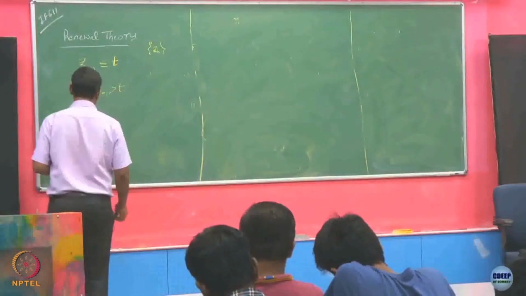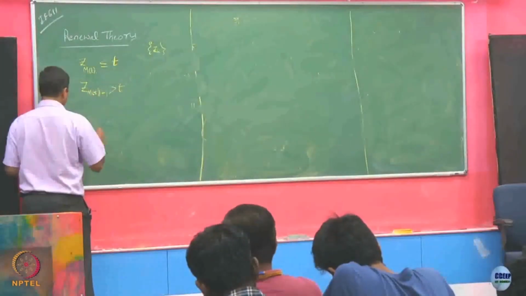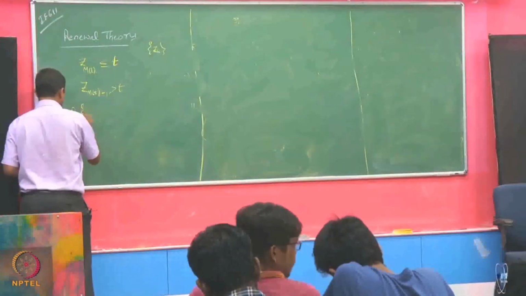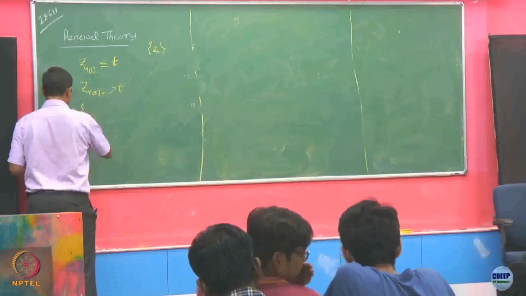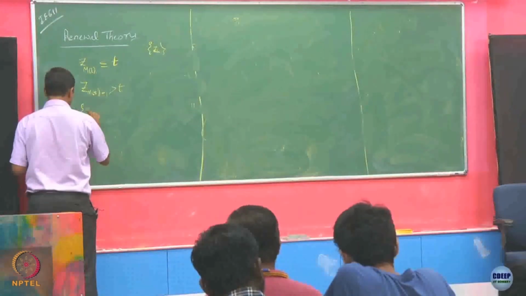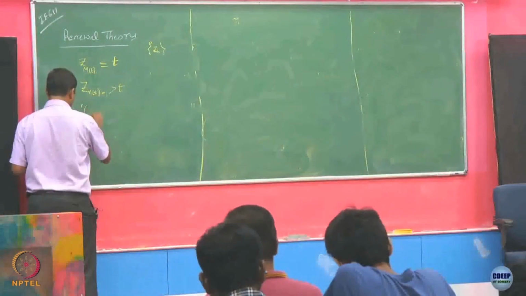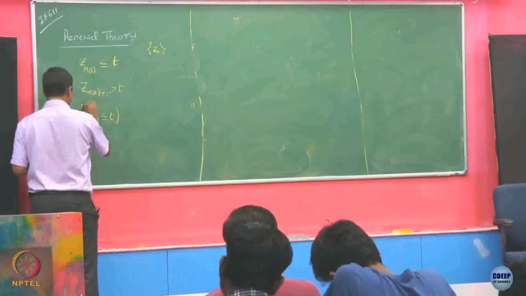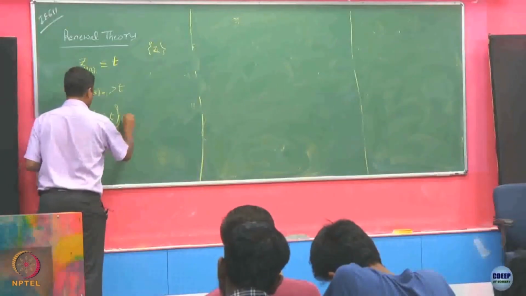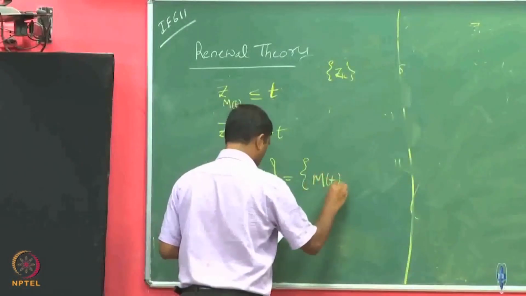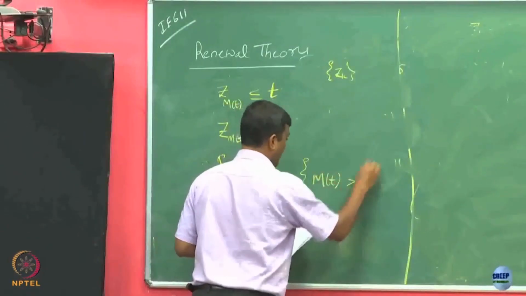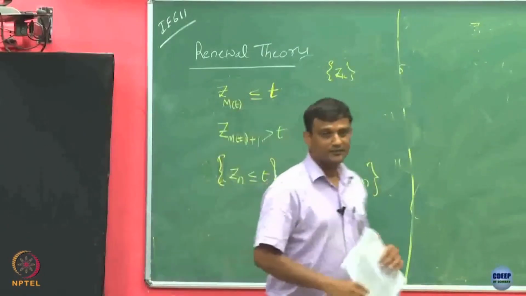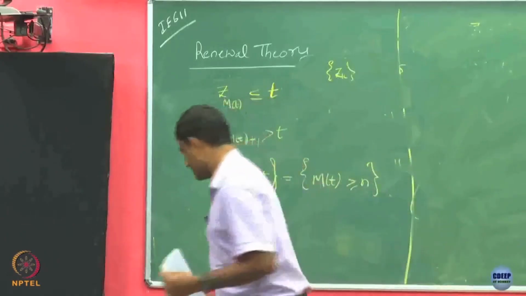And one more property we are going to exploit is these two events. Okay, maybe let me write these two sets. They are the same. Why is that?